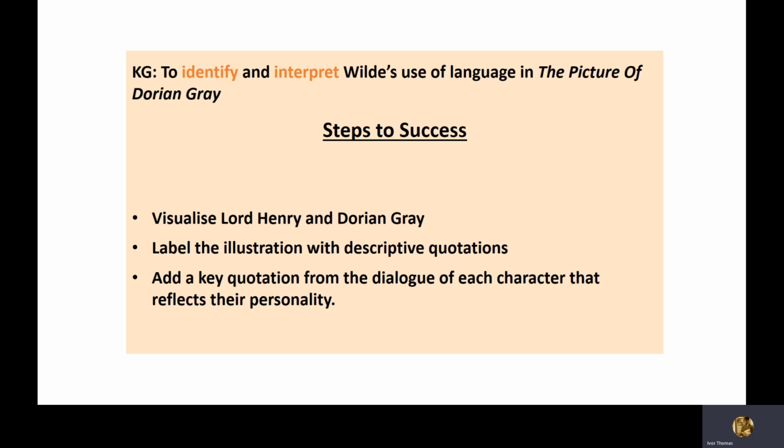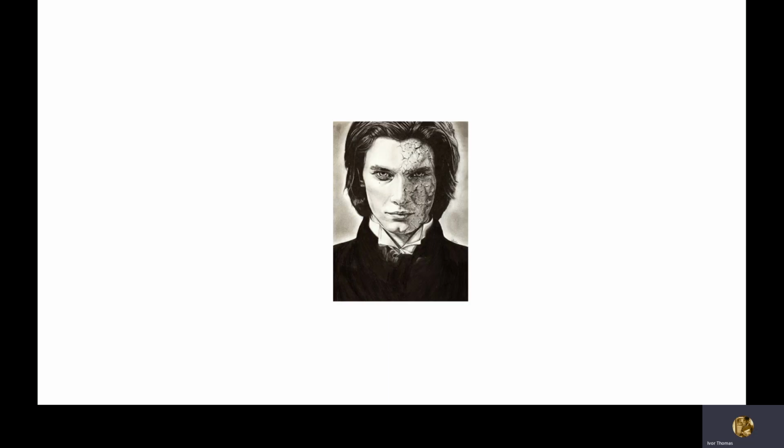Do you want to see how other people have visualized them, directors or artists? Let's have a look. This is Dorian. Do you know that this story is about someone who looks young, but is actually older than he is? He has a portrait painted of him, and the portrait ages, but he doesn't.